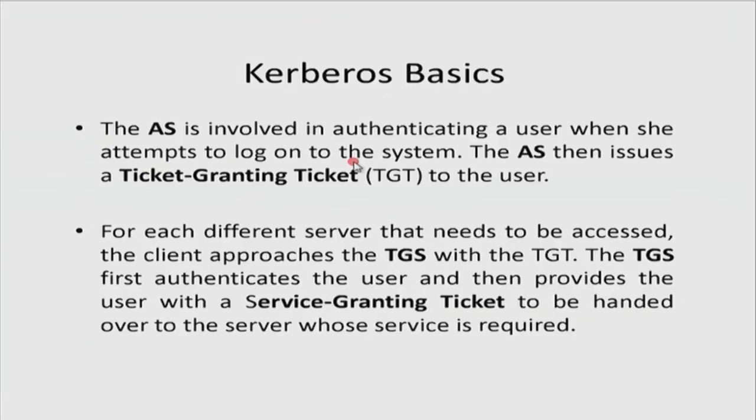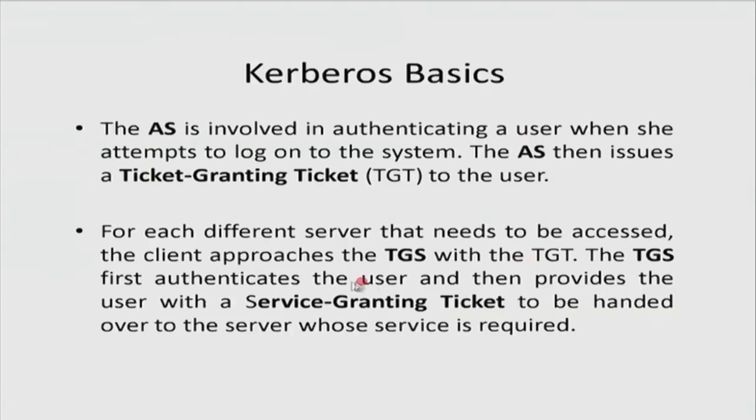So you've logged into me, your business is done. You log into me, I'll give you this TGT and don't bother me for the rest of this session. Now you start bothering the TGS every time you require different services. For each different server that needs to be accessed, the client approaches the ticket granting server with the TGT that was obtained from the AS.